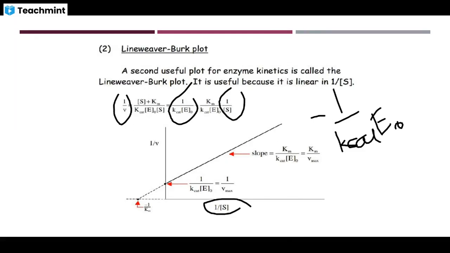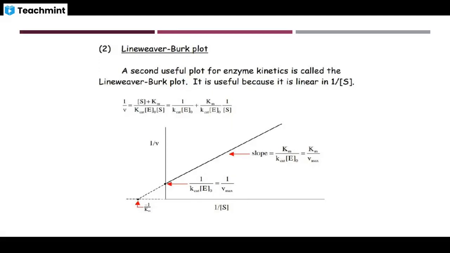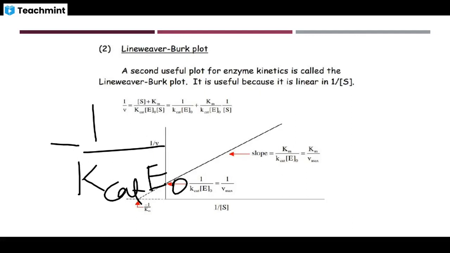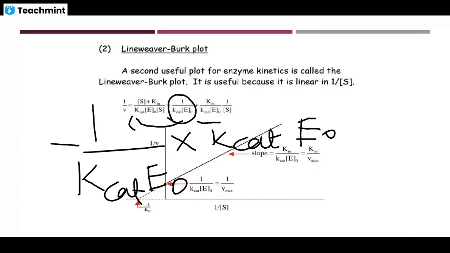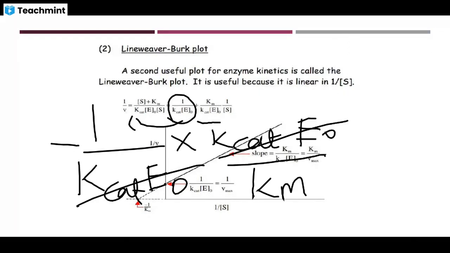The below becomes above, and the sign becomes negative. If you cancel these two, you get minus 1 by Km.